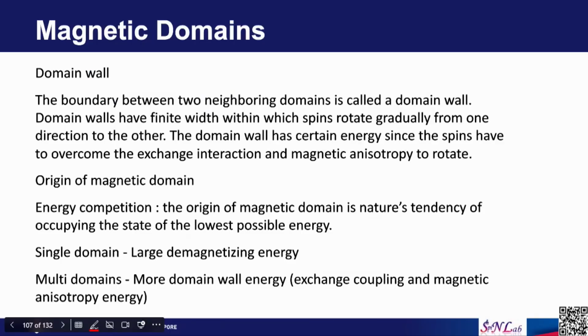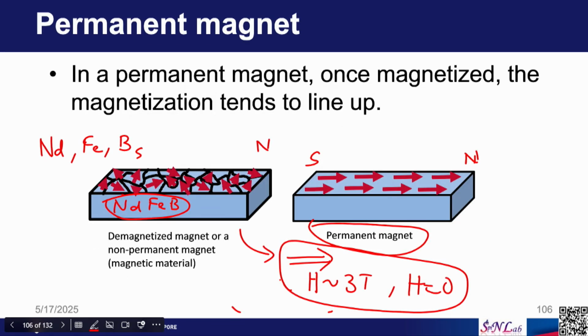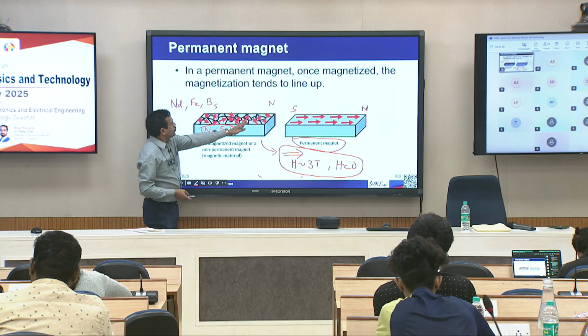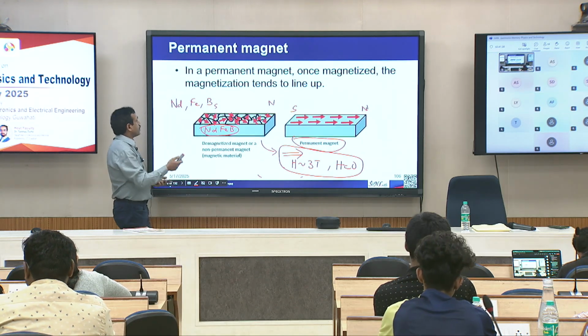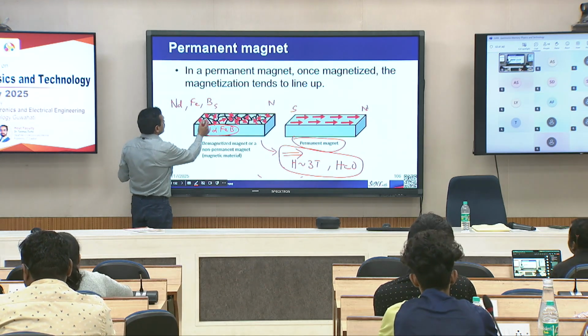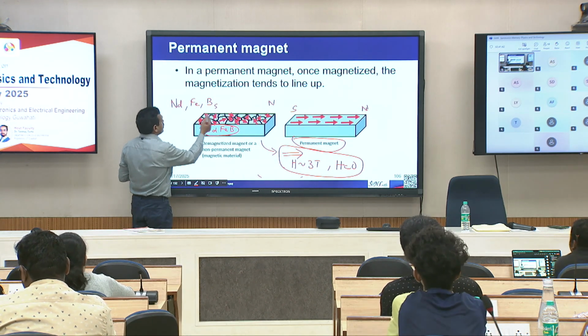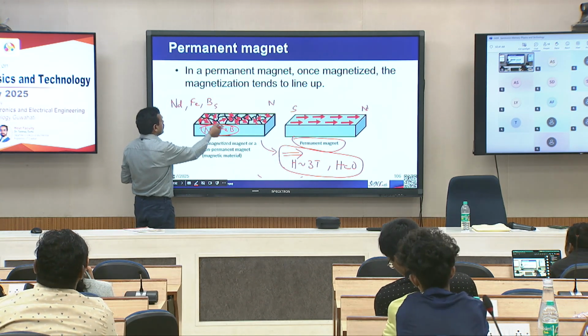So, that brings us to this concept of magnetic domains. When you prepare a fresh piece of magnetic material, not all the magnetization is pointing in the same direction, but you will see some regions where the magnetization is pointing in one direction.